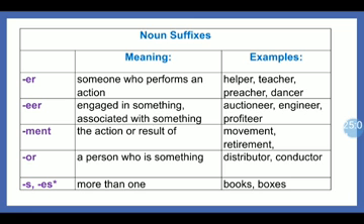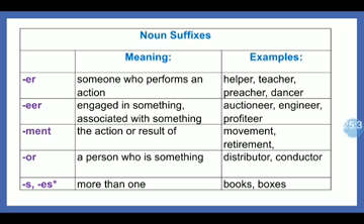Alright, we're moving on to -ment. And that means the result of, or an action. So enjoyment would mean the action of enjoying.